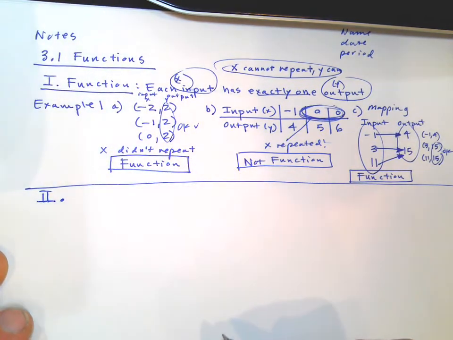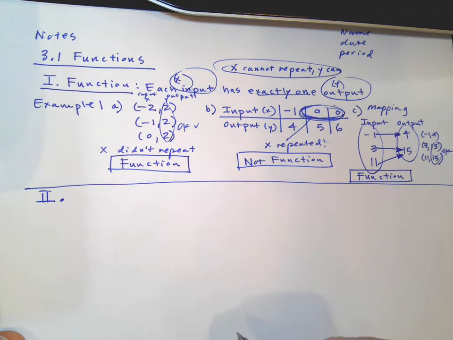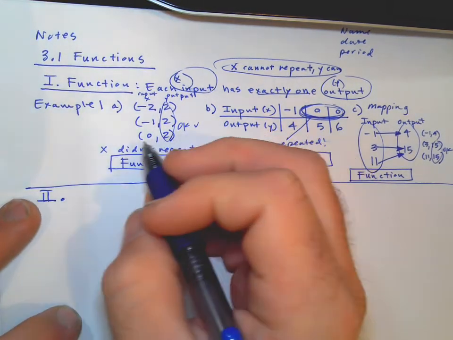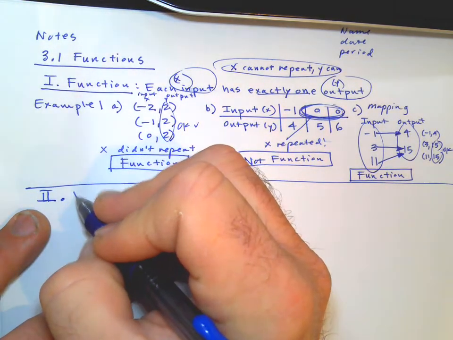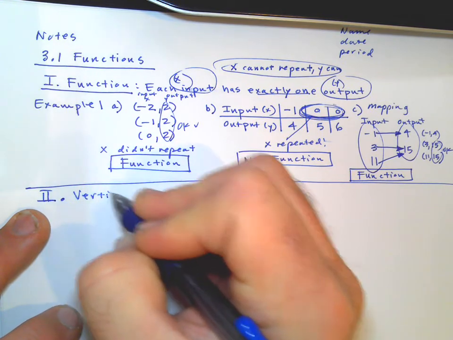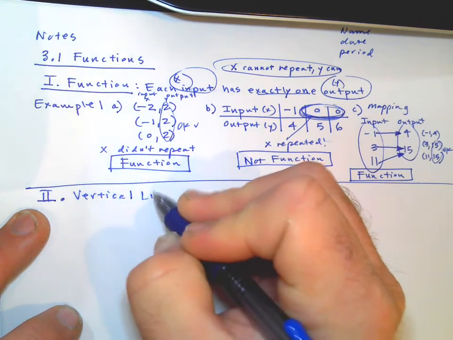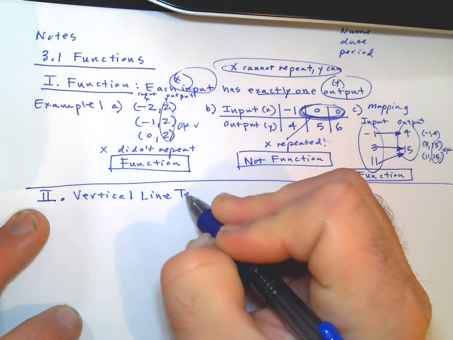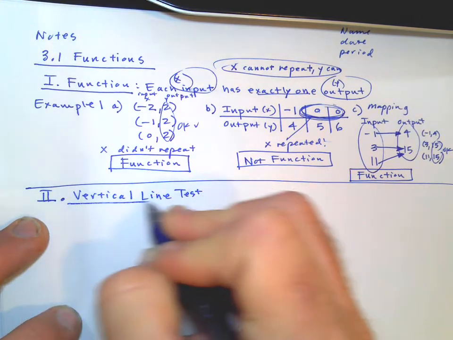Let's talk about another way of deciding if something is a function or not, but without the numbers, just based off more of a picture. So this is called a vertical line test. Okay, vertical line test.